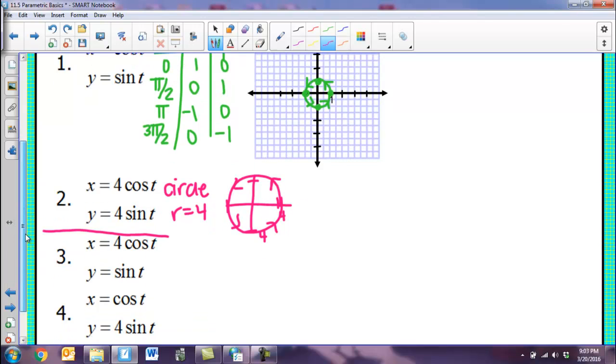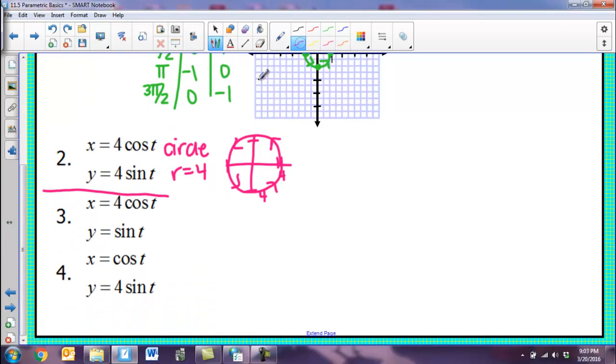Now, we think about what's going to happen if I have something like number 3. I'll put it over here, where I have the 4 cosine only, the 4 only on the x-coordinate. So if I went ahead and I drew myself another t-chart, and by t-chart I mean, I don't know, it's almost like a hashtag now.